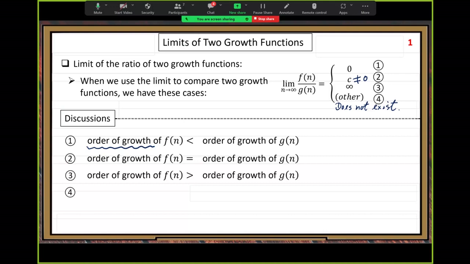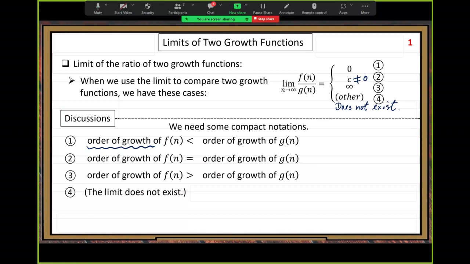But for case number 4, we cannot do the comparison. We do not know the difference between the order of growth, because the limit does not exist. We cannot say anything about the order of growth for case number 4.